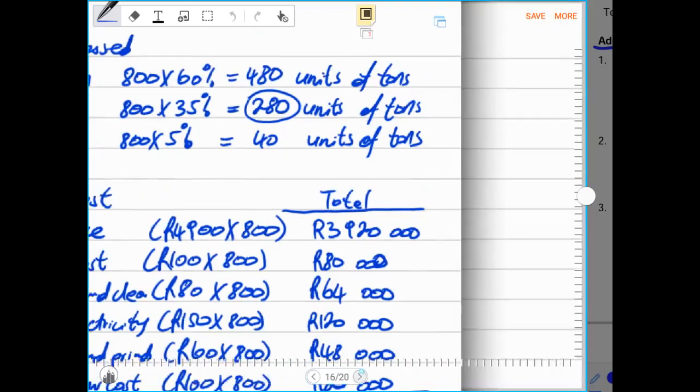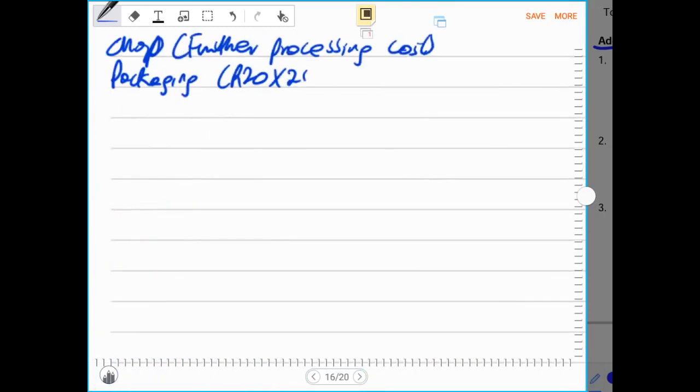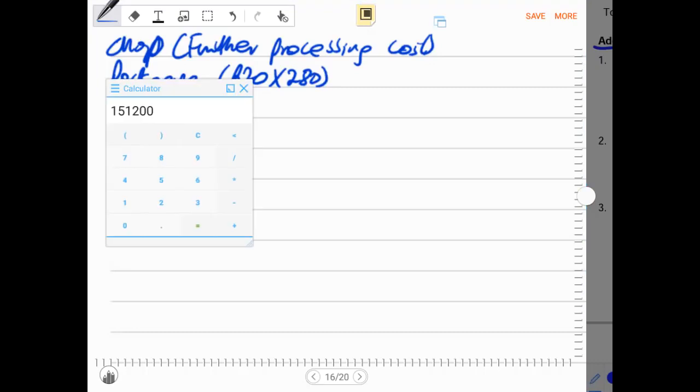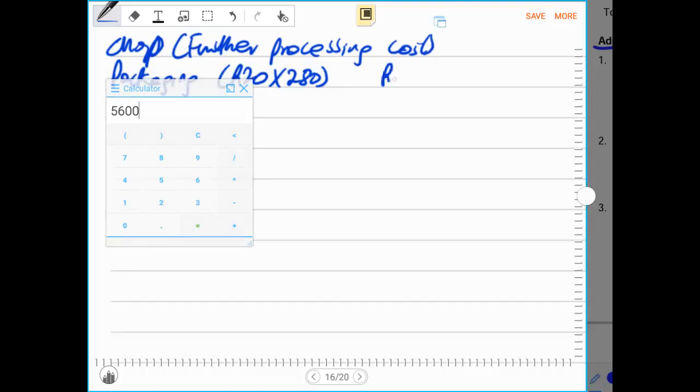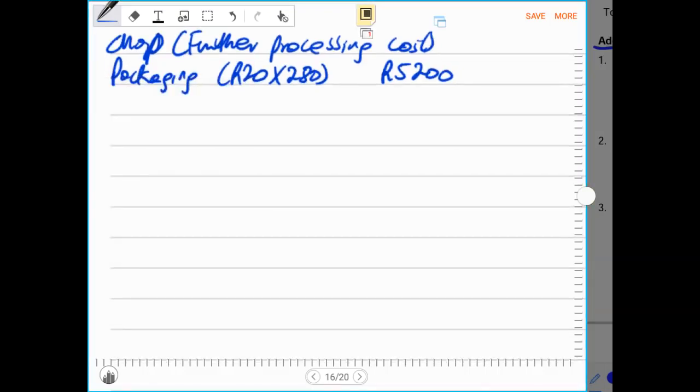So we multiply 280 by 20 rand, and we get 5,600 rands as the further processing cost, which is the cost that we incur to package the product, not necessarily to process the real product.